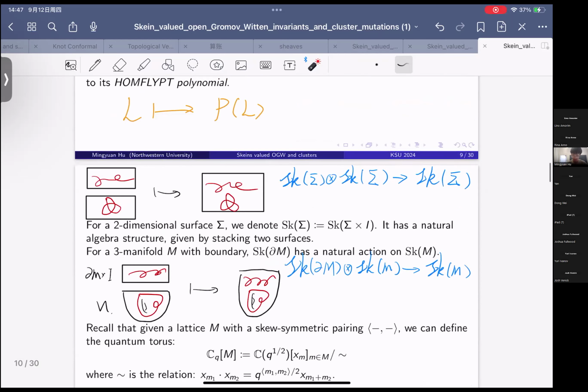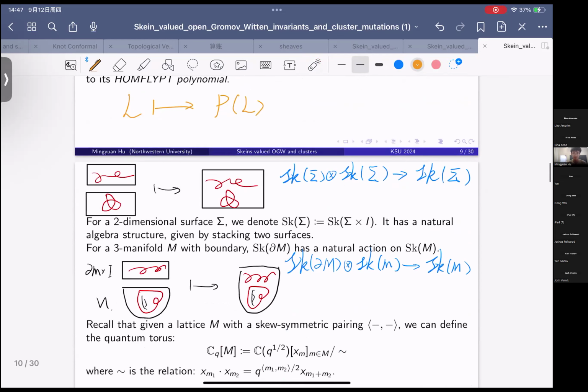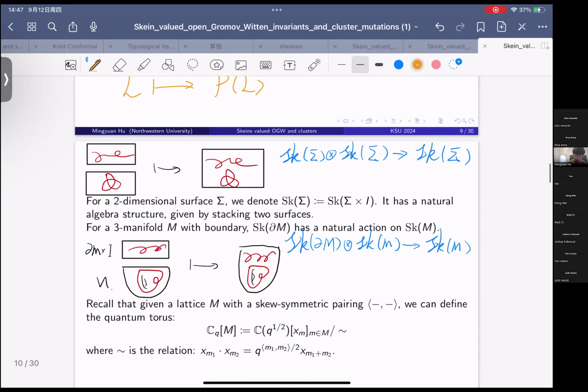But one thing we know is how they behave under connected sum: the skein module of M1 connected sum M2 is just the tensor product. And we know some examples I will talk about later. For the torus, it's equivalent to some double affine Hecke algebra. In general, the skein algebra is huge.